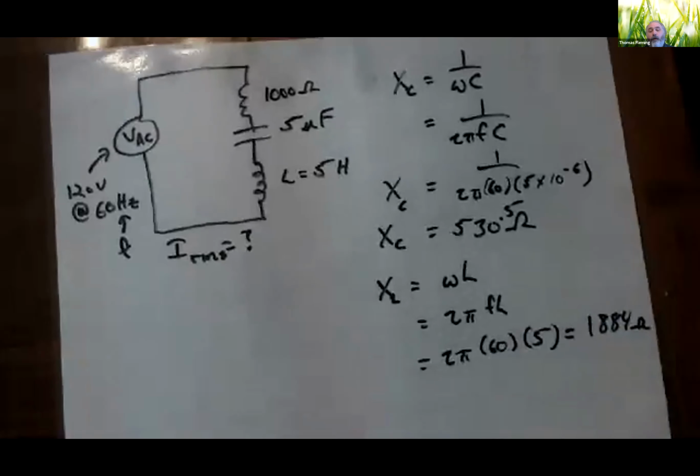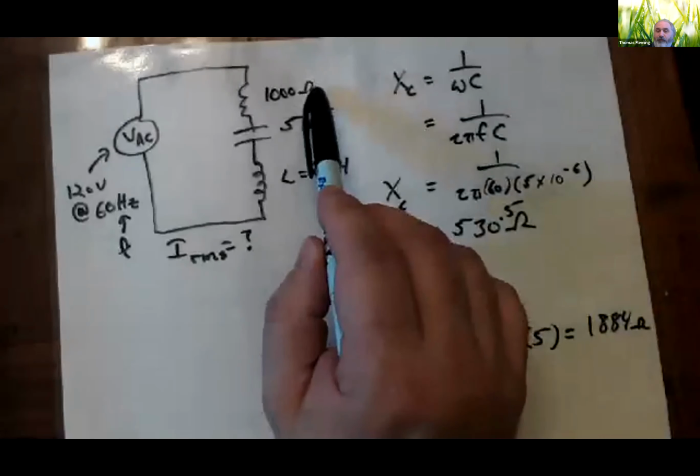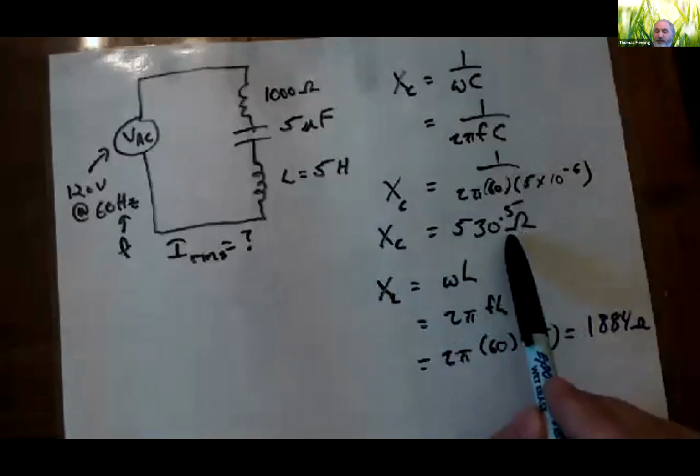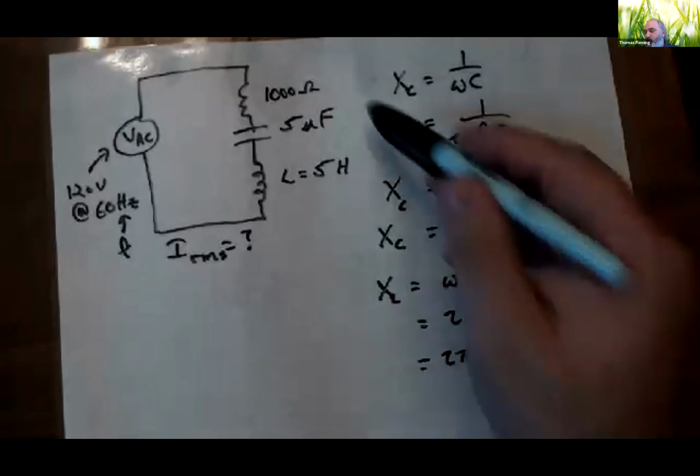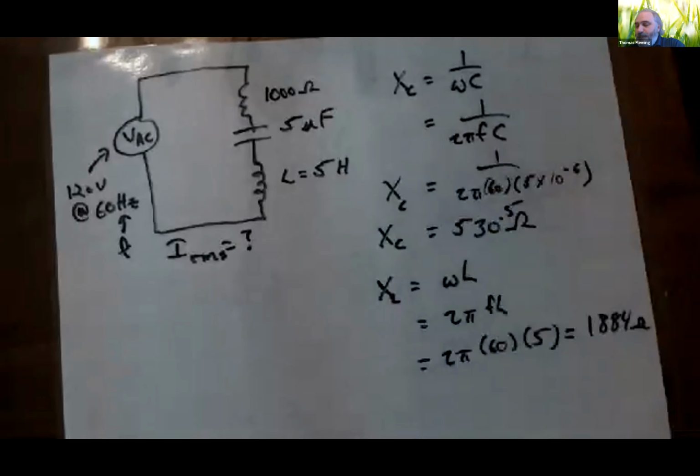So now I've got 1,000 ohms from my resistor, 530.5 ohms for my capacitor and 1,884 ohms for my inductor. But my total impedance, which is the total of all of that, I can't just do straight math because they're all out of phase.